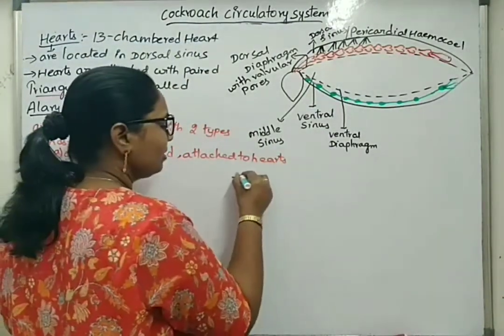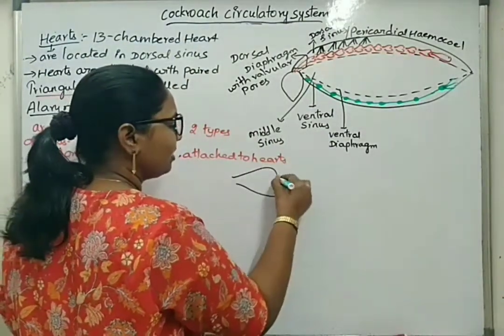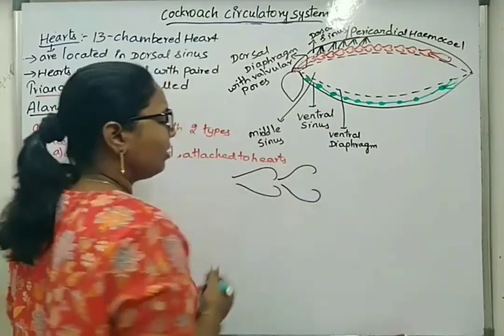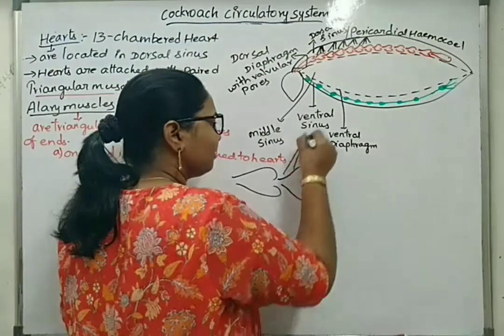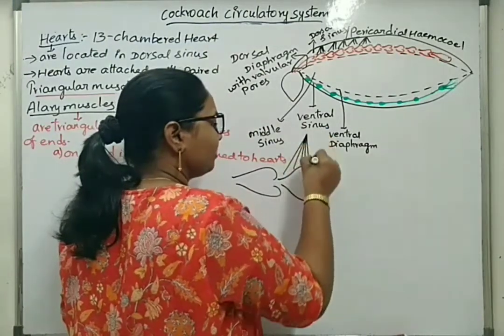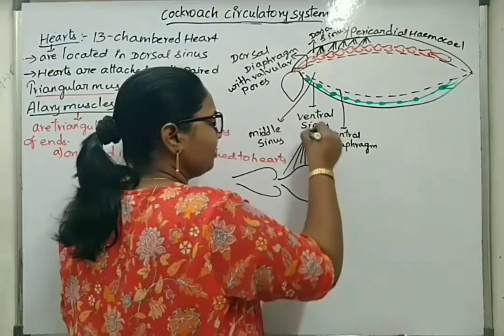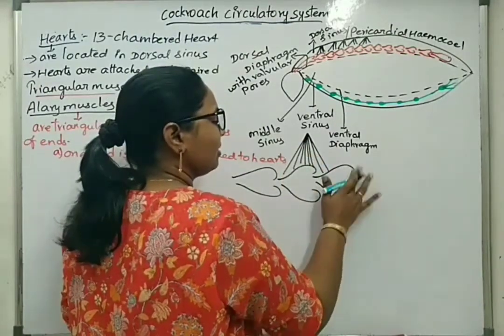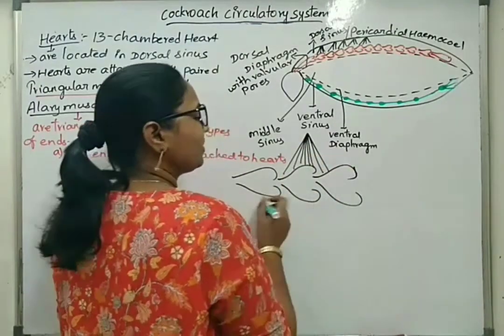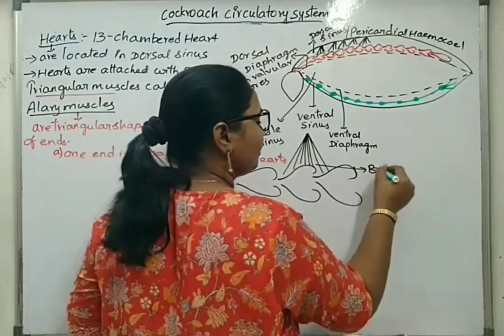Suppose this is the heart of a cockroach, then alari muscles are attached like this. Now this will be the broad end.